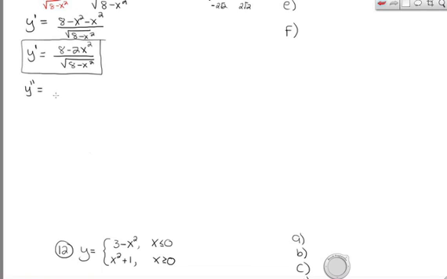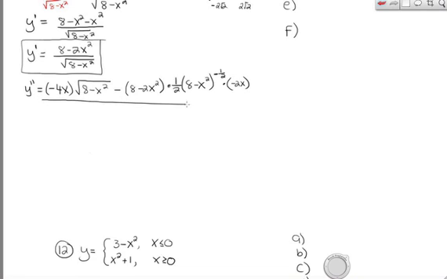Derivative of the top is going to be negative 4x times the bottom minus the top times the derivative of the bottom, which will be 1/2 times 8 minus x squared to the negative 1/2 times negative 2x, all over the bottom squared, which would just be 8 minus x squared. All right, let's simplify.